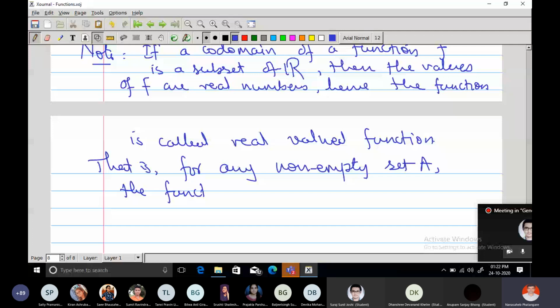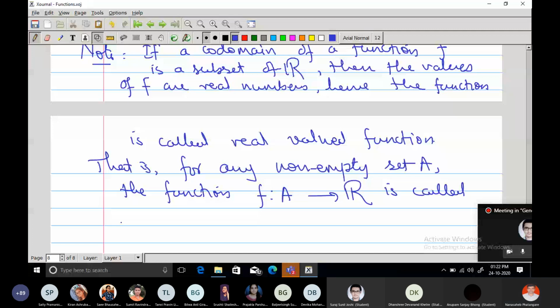Whatever the set, it could be the set of all matrices, all animals, all trees, but we are assigning that object a real number, then it is a real valued function because the value is a real number.